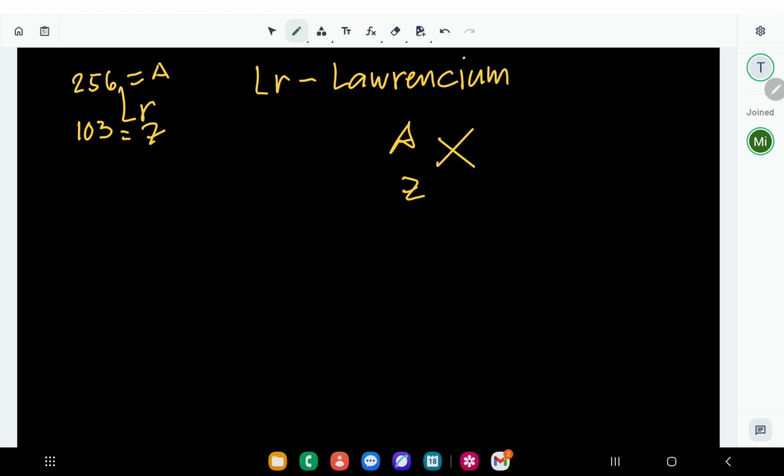Okay, it undergoes electron emission. So what does it mean when it undergoes electron emission? That means it undergoes beta decay. You familiar with that?